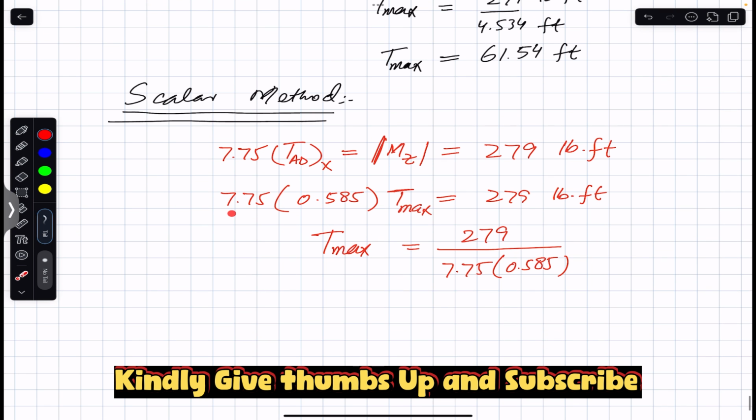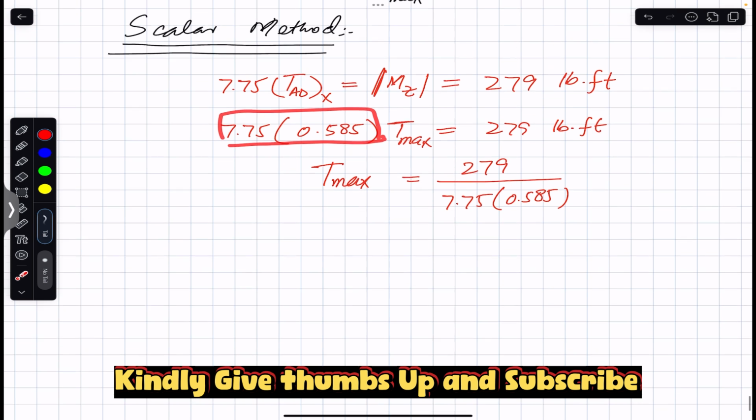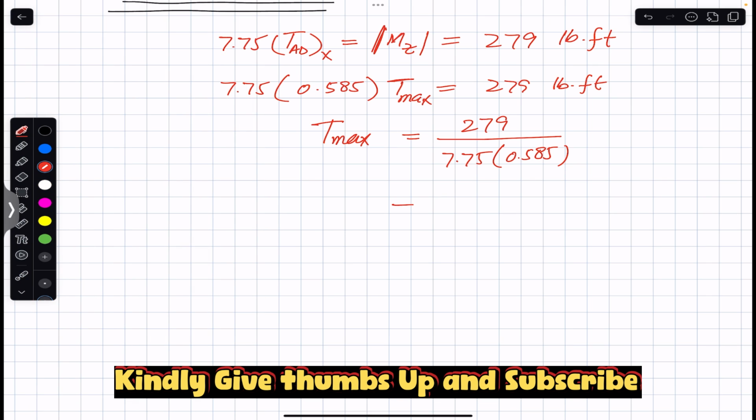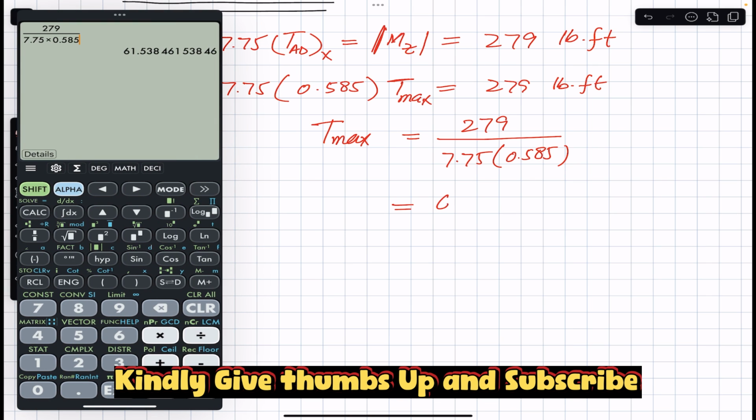Here we have that same number, so this will give us the same answer. So T max is 279 divided by 7.75 multiplied by 0.585, which is equal to 61.54. So T max is 61.54 pounds.